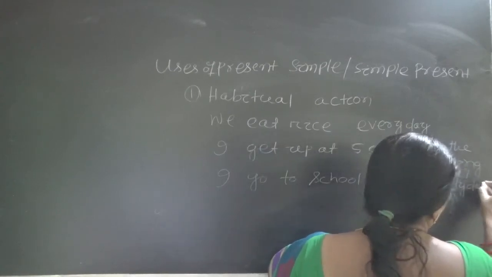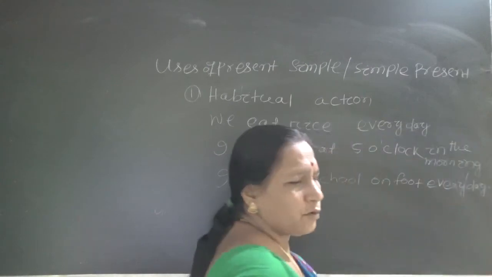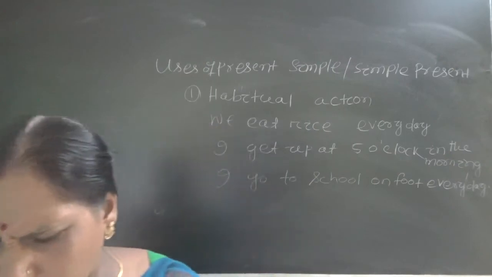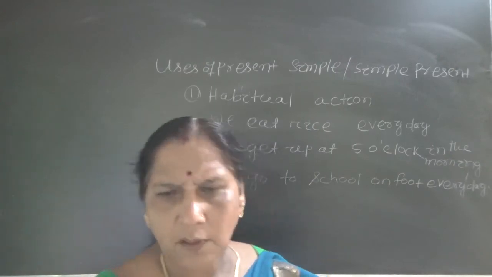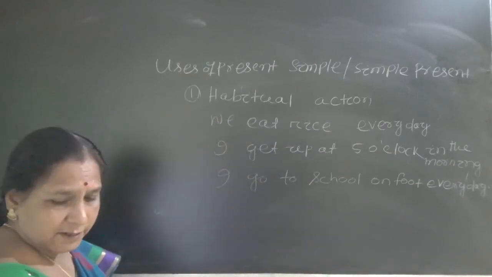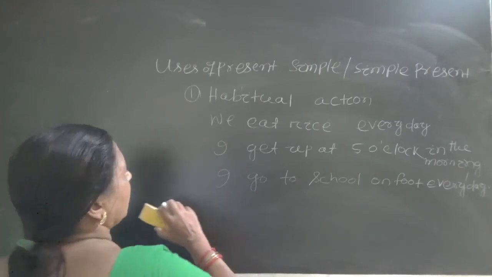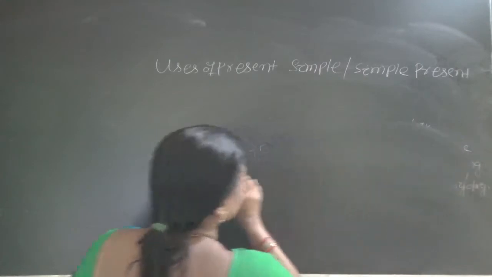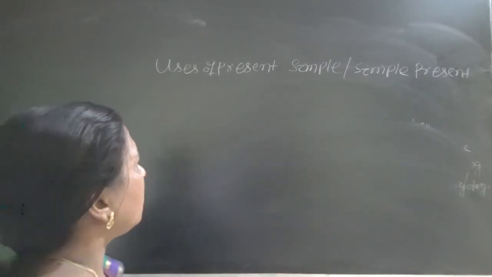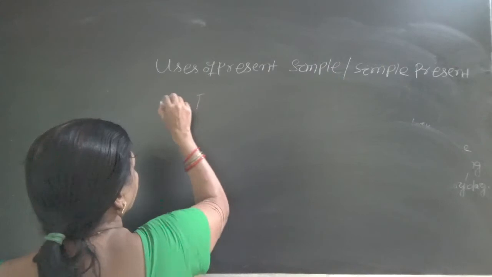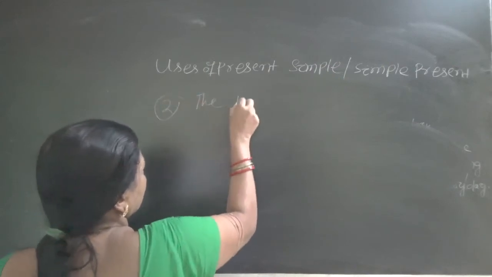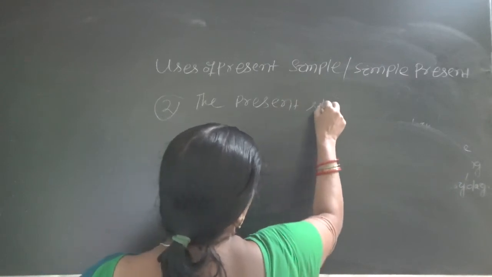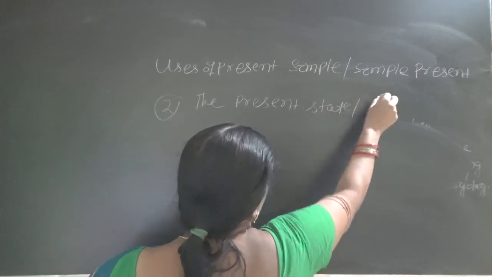In this way, we can use present simple as a habitual action. The second one is the present state or present fact.